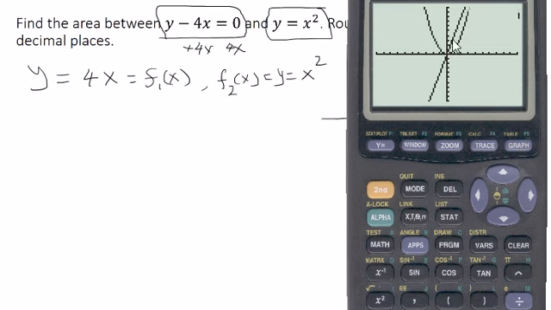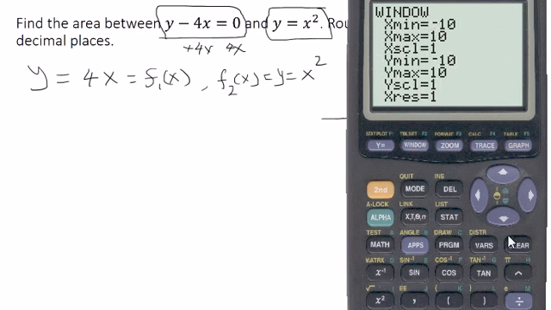The first one is y equals 4x, and the second one is y equals x squared. We want to see a little bit to the right side, or a little bit above this range here. So let me go and change the window. I think the x coordinates are good, but the y, I'm going to change this y min into -5 and y max into, let's do 15, and then graph it again.